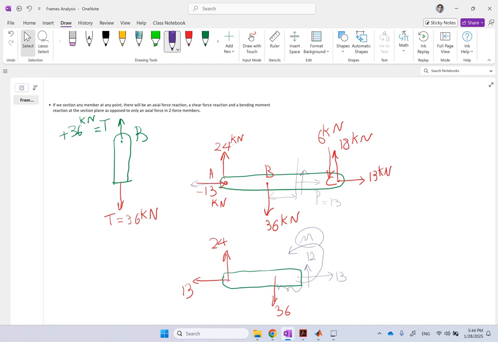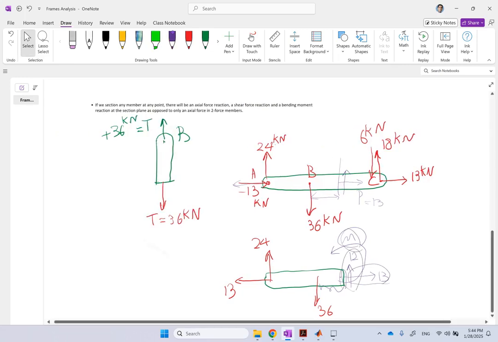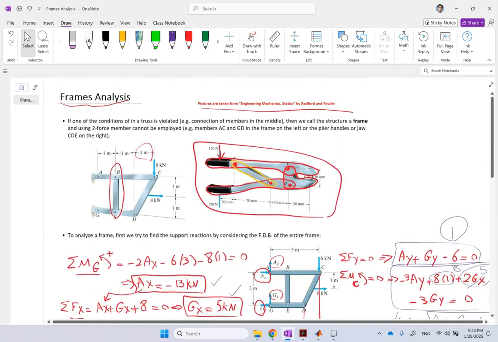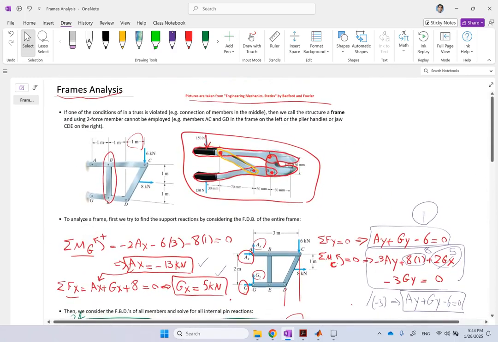It's called shear force and bending moment diagrams, and I have done that. Okay, so clearly at any section there is more than one axial force. There is a shear force and there is a bending moment. So this is frame analysis, and that's just because the two-force member assumption is violated.